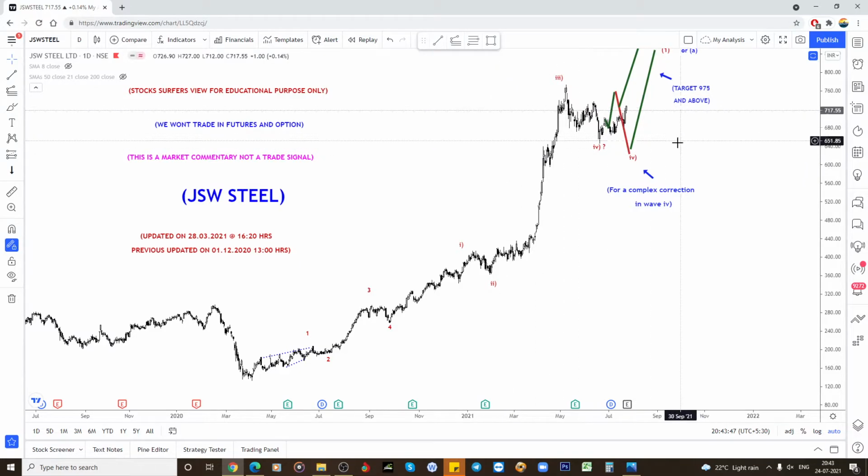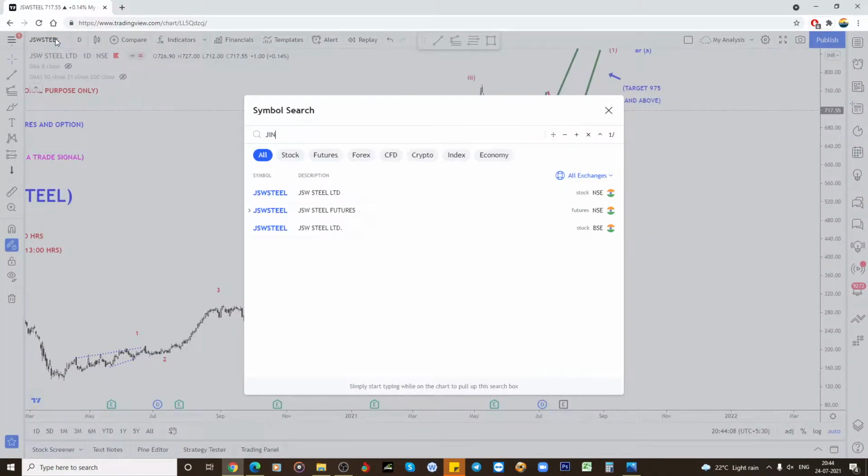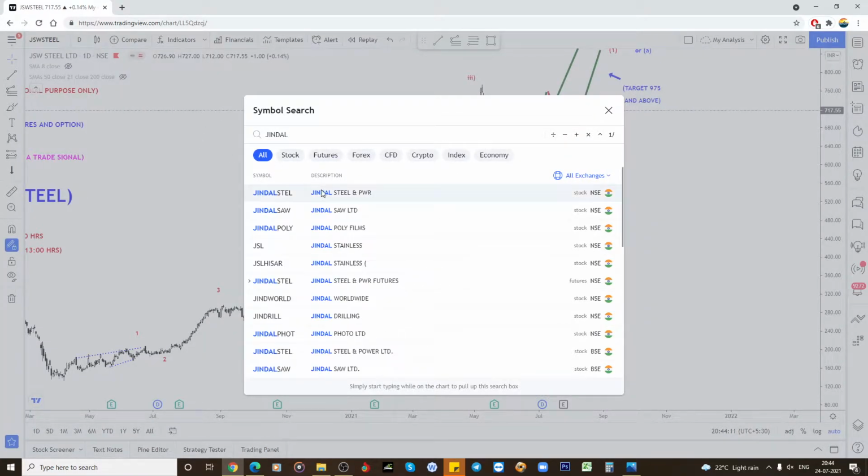So wait for this to end, because the wave we have labeled here is wave 1, and wave 2 is very small and looks shallow. So for this, wave 4 could be a bigger correction, because wave 2 is a very small correction.